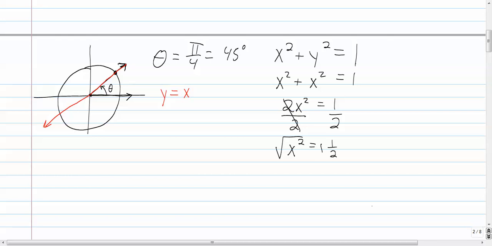Take the square root of both sides. So x equals square root of 1 over the square root of 2, which is 1 over the square root of 2. And then if we rationalize, I can already hear people saying the answer, we get square root of 2 over 2.